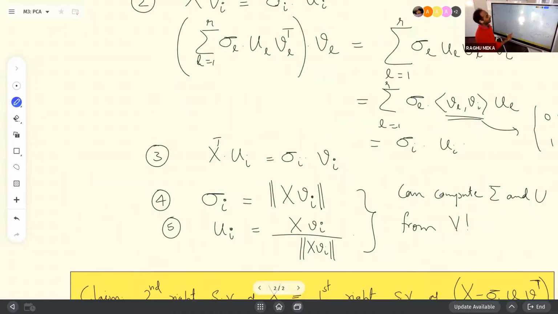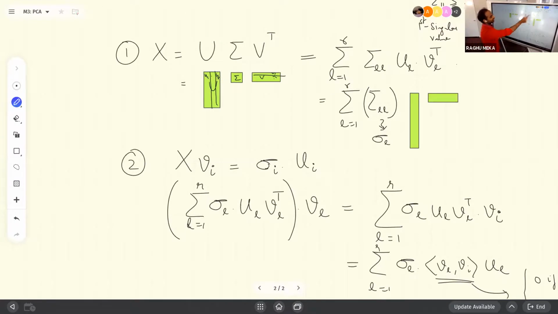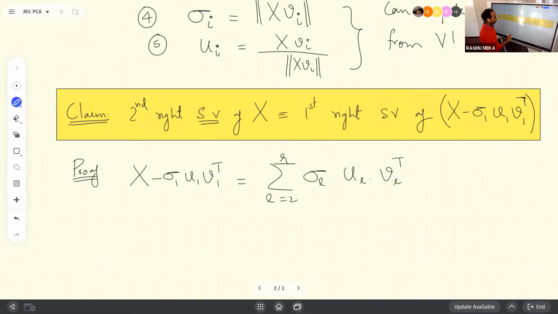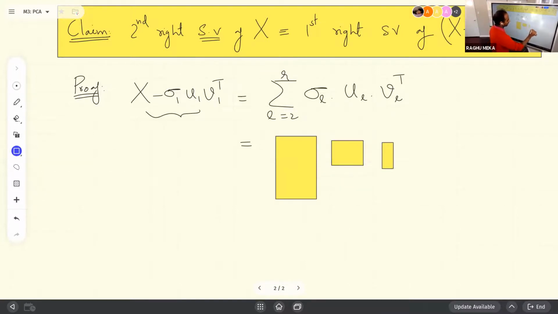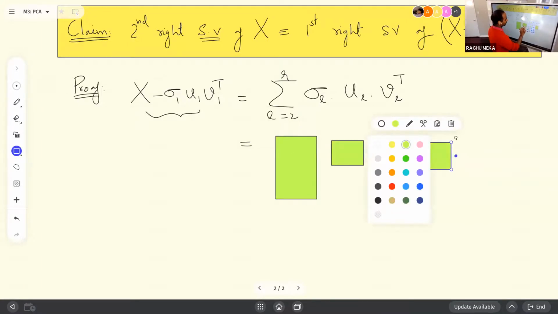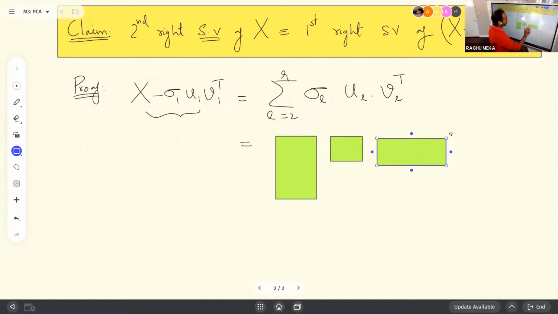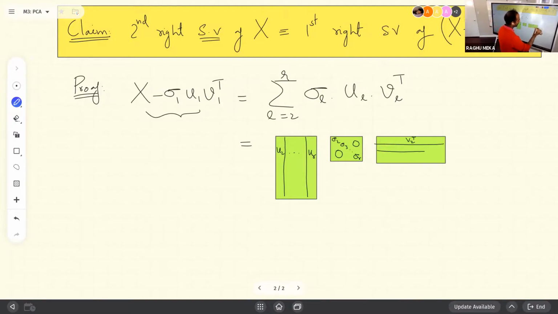If I wrote down X exactly as a sum of these outer products, I push the first term to the left hand side, so I just get the sum of the remaining terms from 2 to R. So I'm writing this matrix as these outer products, which I can again put together as U2 up to UR, times sigma 2, sigma 3, up to sigma R, and then V2 transpose, V3 transpose, so on, up to VR transpose.